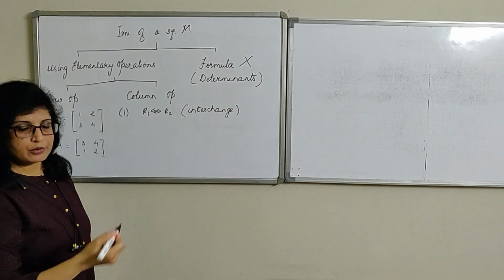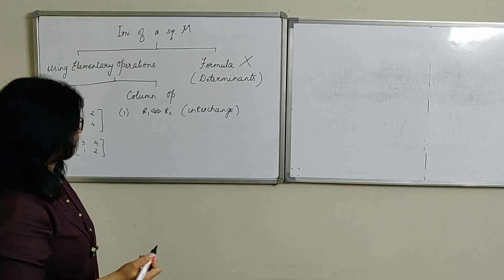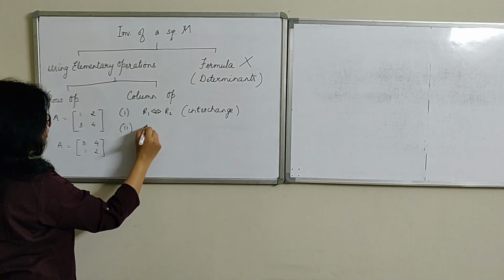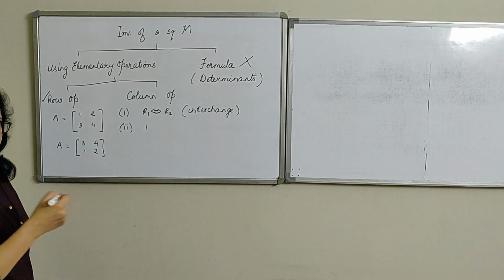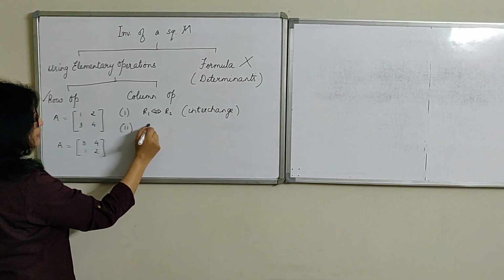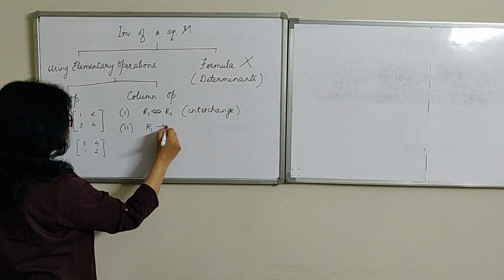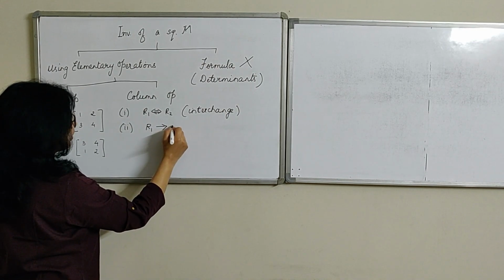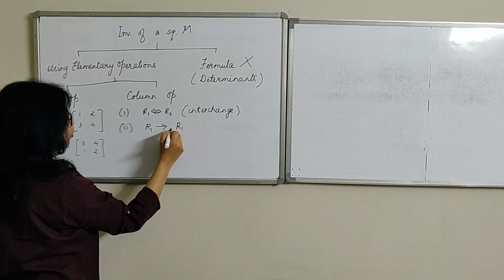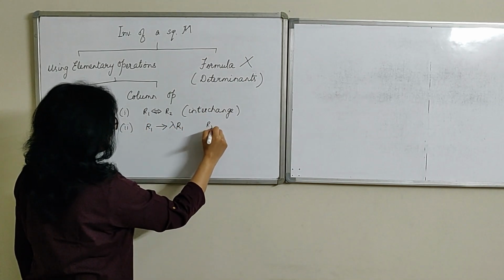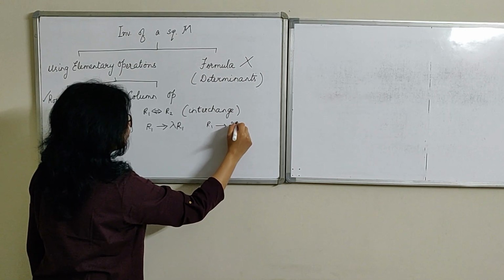This operation allows us to interchange rows of a matrix. The second kind of operation is, because there are two rows, I'm choosing row 1. Some changes in the elements of row 1 can be made this way by multiplying the elements of row 1 by some scalar. I am taking this scalar to be, suppose, 2.